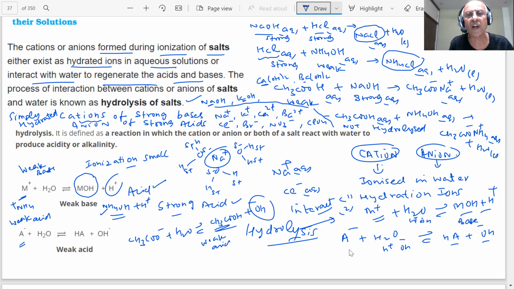So a reaction in which the cation or anion of the salt reacts with water to produce acidity or alkalinity is nothing but hydrolysis. In chemistry, a lot of reactions are important because here we are talking of ionic equilibrium. The solutions could be acidic or basic depending on what type of salts we are using.